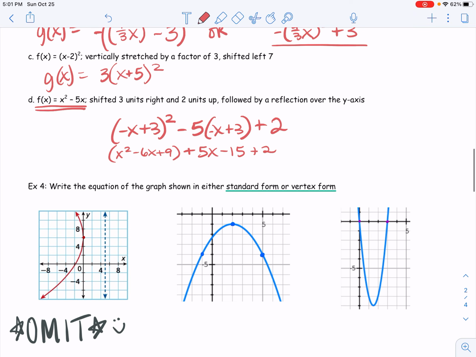Now I can combine like terms. So I have x squared minus x, and then I have a plus 9, a minus 15, and a plus 2. So 9 minus 15 plus 2 is going to give me a negative 4. And so now this is my g of x.